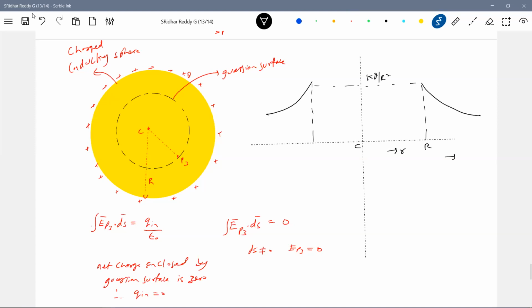Similarly, what about the potential? It will be a straight line.